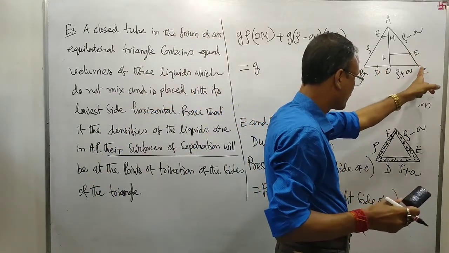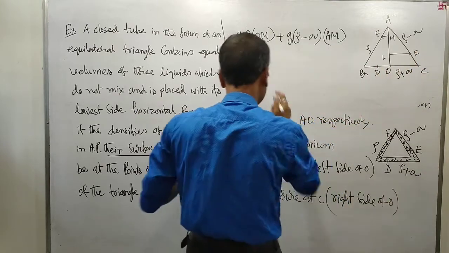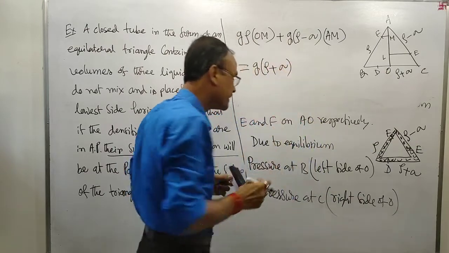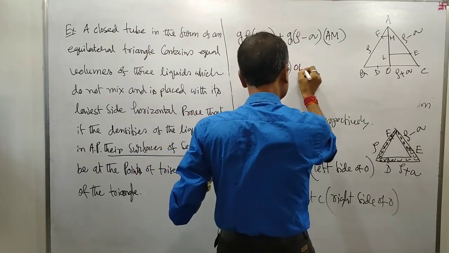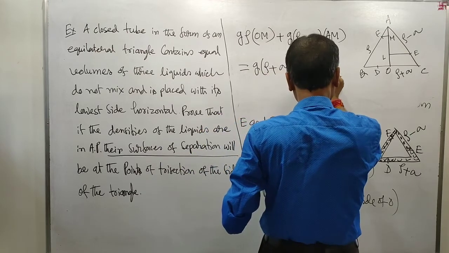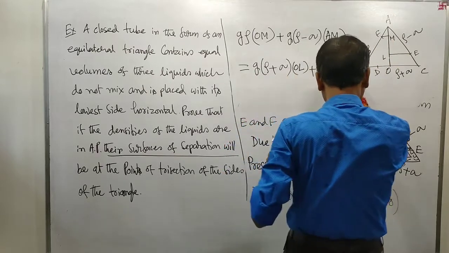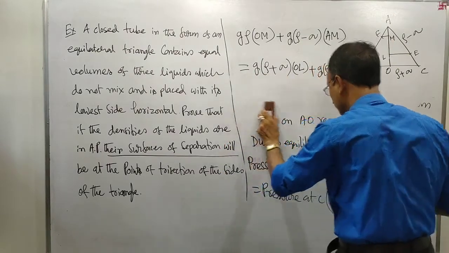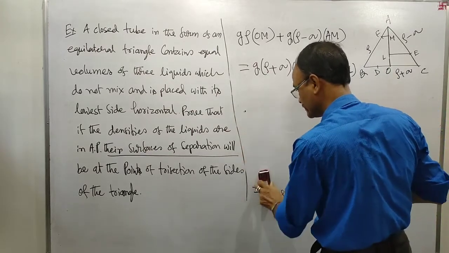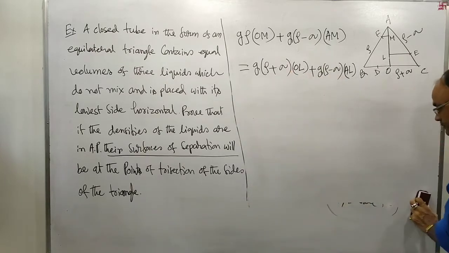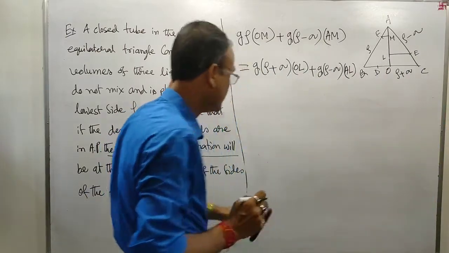Now we are considering this liquid, DCE: g times rho plus sigma times OL, plus g times rho minus sigma times AL.